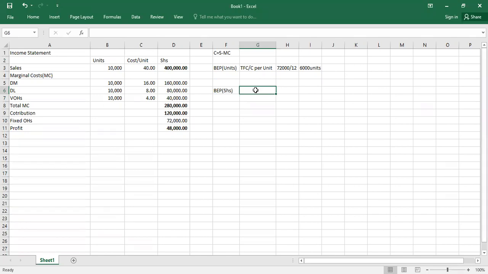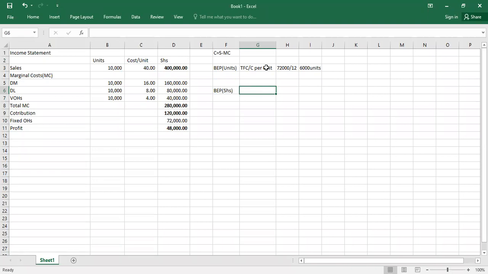So what is 120,000 divided by 10,000? Oh, 12. You are now found. Oh, okay, thank you. Kindly know that it is contribution per unit and not total contribution.